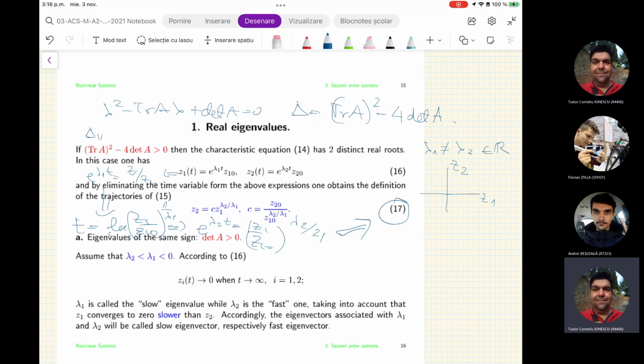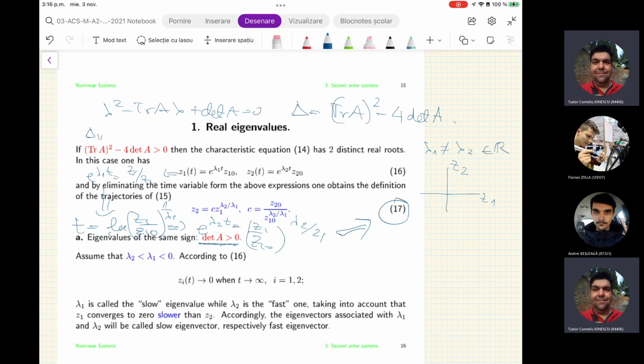So essentially, depending on whether lambda 2 is larger than lambda 1 or smaller than lambda 1, you can have different types of trajectories. So we split into other cases now. The first case is when the determinant is positive. Determinant positive means both eigenvalues have identical sign.